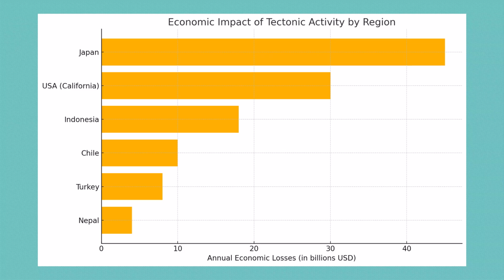Despite the danger, people continue to live in these zones because of fertile soil, trade access, and historical development. This overlap of geological risk and human density creates enormous challenges. When disasters strike, the consequences are not just natural, they are social and economic.